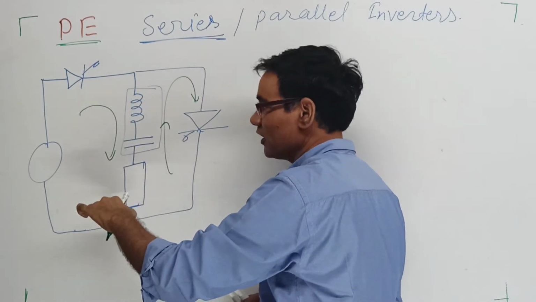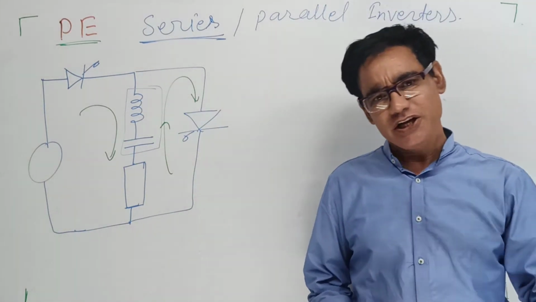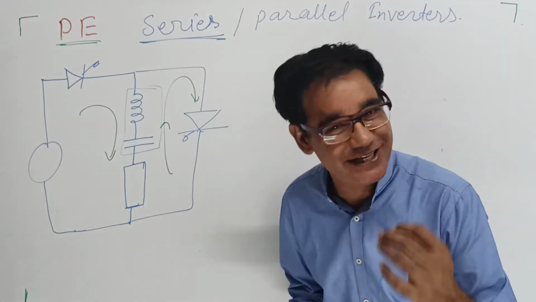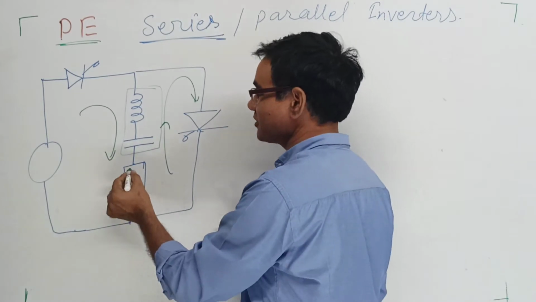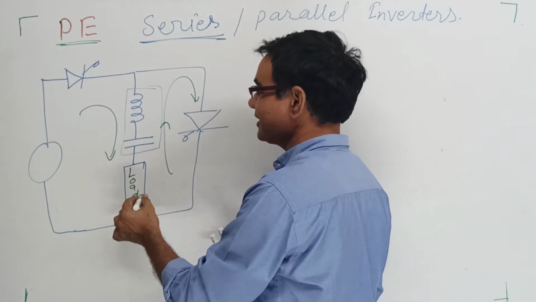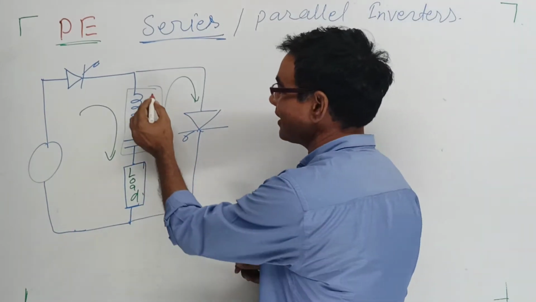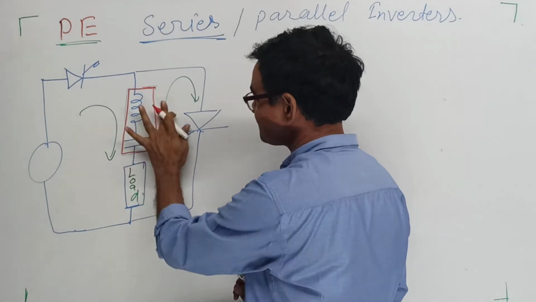In the inverter both directional currents are required for AC current and AC voltage. The output voltage and current across this load should be AC, and these two are the commutating elements.